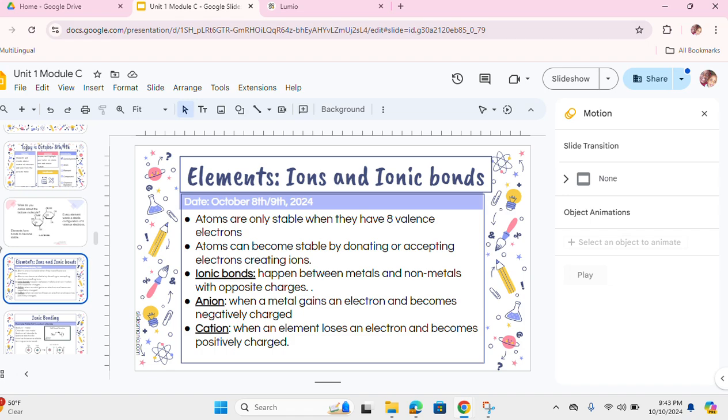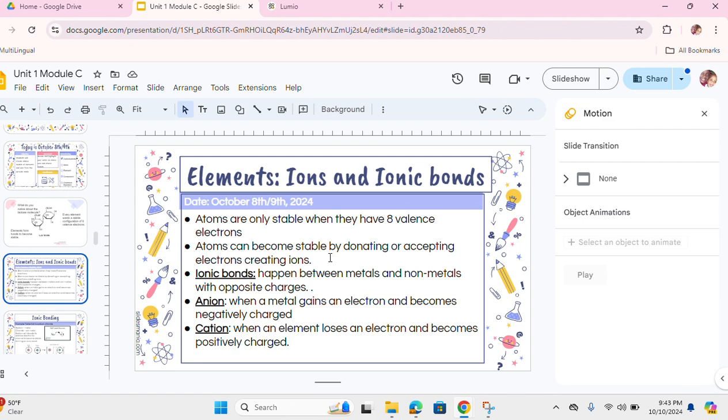So let's look at why these ions are important. Again, atoms are only stable when they have 8 valence electrons. Atoms can become stable by donating or accepting electrons. This creates what's known as an ion. Ionic bonds happen between metals and nonmetals.